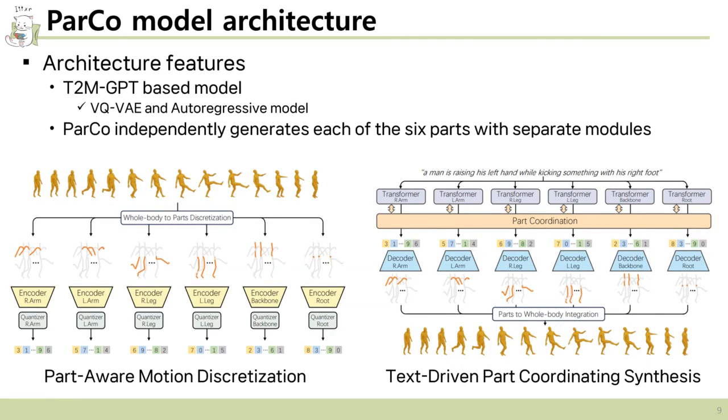In the diagram, you can see how the model breaks down full motion into these separate parts. Each part is processed through an encoder, and then all parts are synthesized into a single, coordinated full-body motion. This modular approach allows ParCo to handle complex movements with precision.